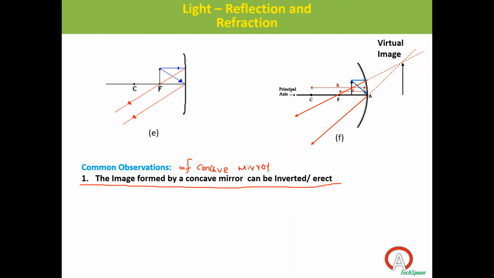Right statement, right? Because in the first 5 positions, you are getting a real image on the same side of the mirror, so in all the 5 cases you are getting an inverted image. So real and inverted, right? But in the 6th position, when we keep the object between F and P, you are getting an erect image. So this statement is correct. Okay. All the statements I'm saying are correct only. I'm just discussing for your understanding purpose.